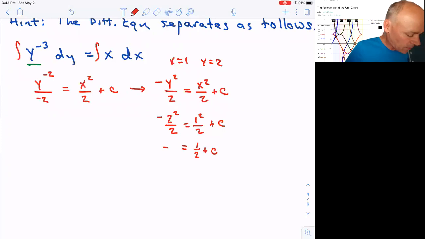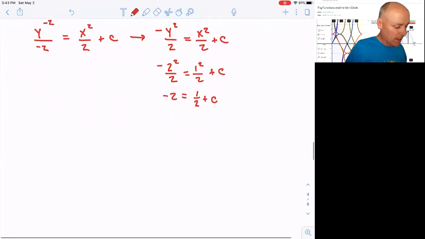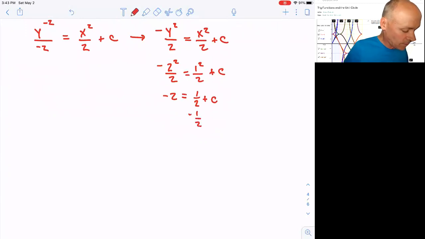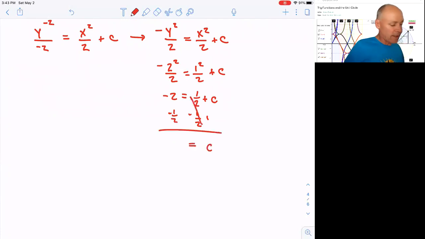So this is equal to -2. So now when I subtract 1/2, minus 1/2, I'm going to get c is equal to, cancels on that side, -5/2. That's my value of c.